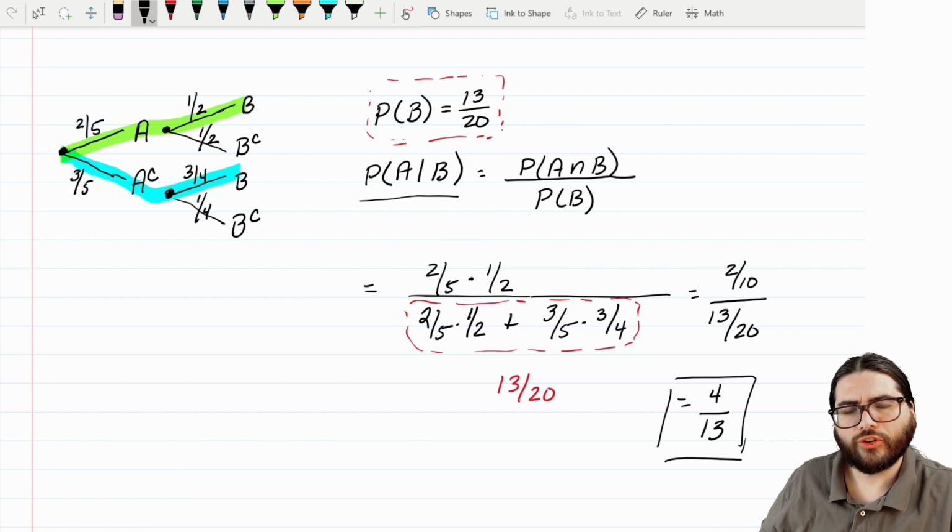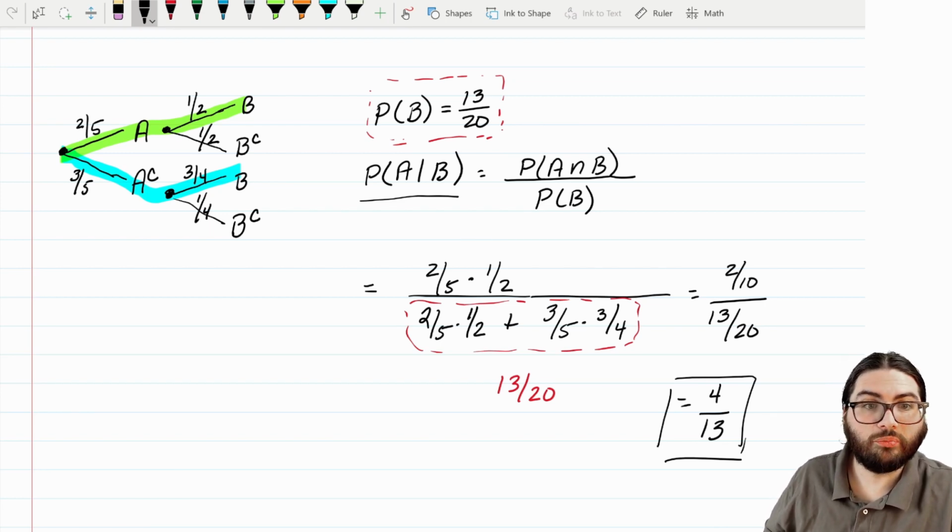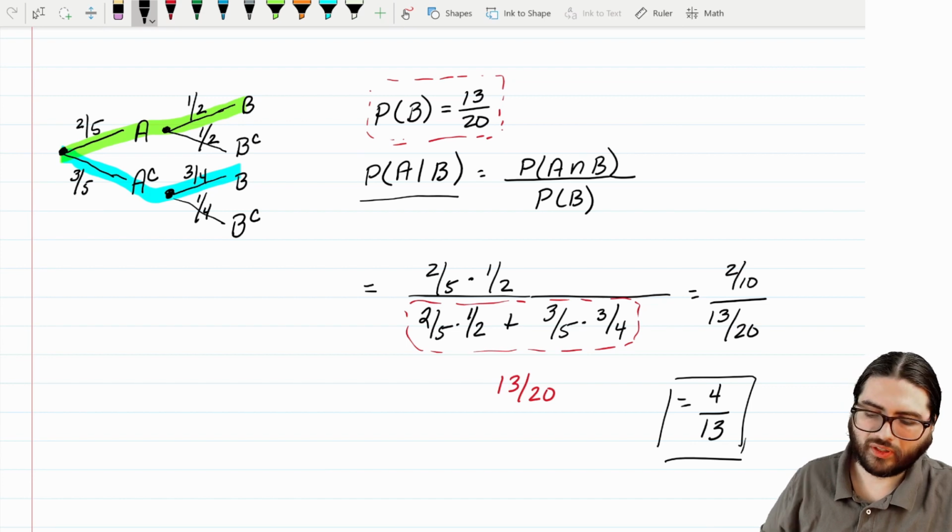It's a little bit tougher to do out of a tree that's not set up for given B type probabilities, but that's okay. We see this quite often, actually. So Bayes' theorem just helps us sort all this out, sort out the conditional probabilities, and give us all of the different possibilities.